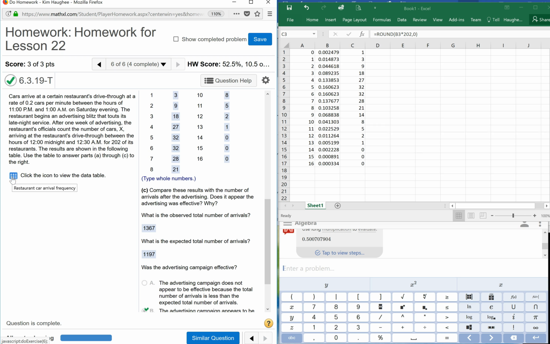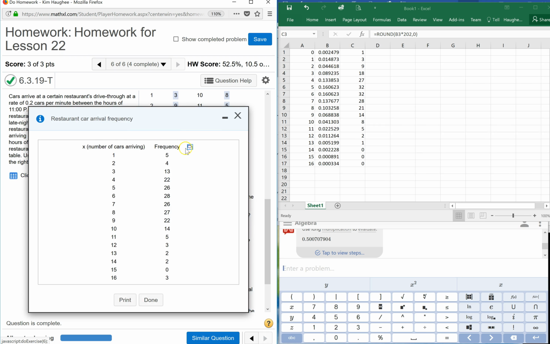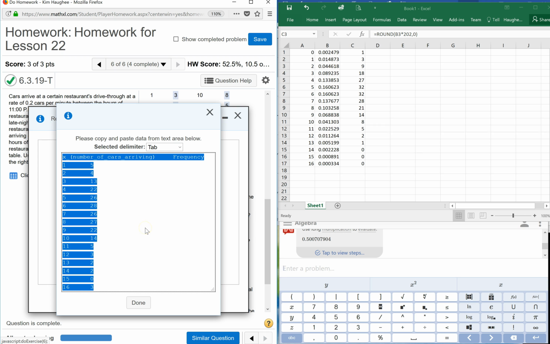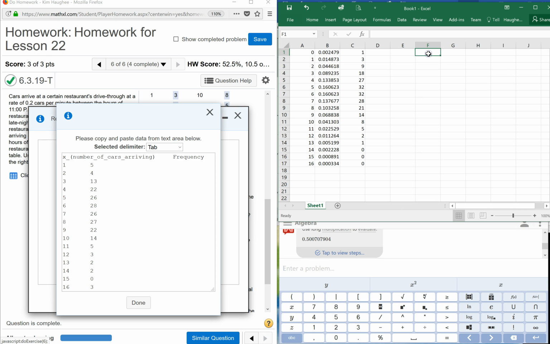Well, I need to use my table of information. I'm going to copy this to the clipboard because I don't really want to open a different window in Excel. I'm going to hit Control-C, come over and paste it in Excel. All right, this is what was actually observed. There was 1 car arriving at 5 restaurants.